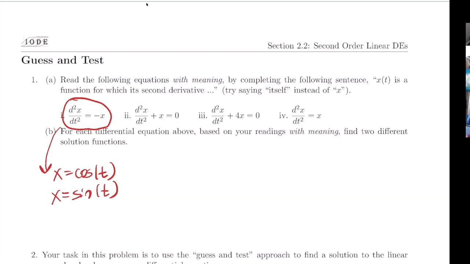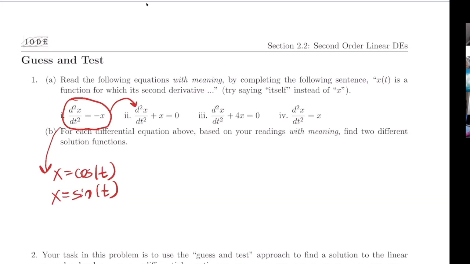When we have a sign change in a second derivative, that should bring up notions of sine and cosine. And this equation over here, hopefully you realize, is exactly the same as the previous case, just pulling the x to the other side.